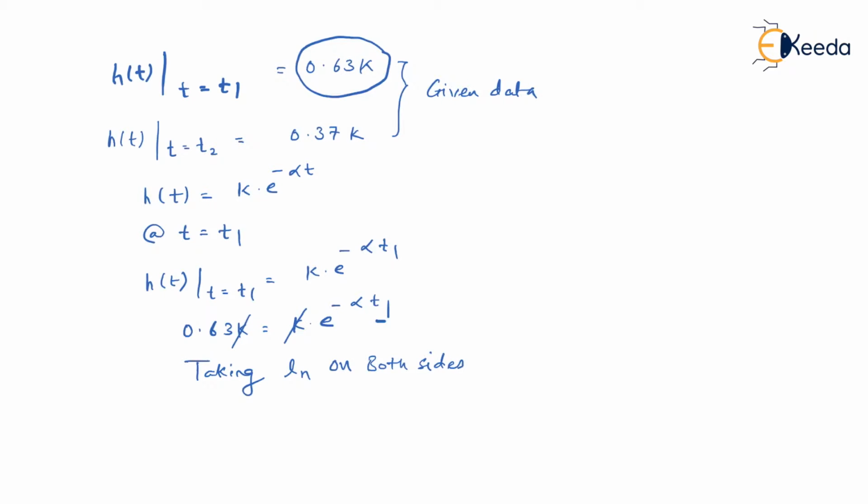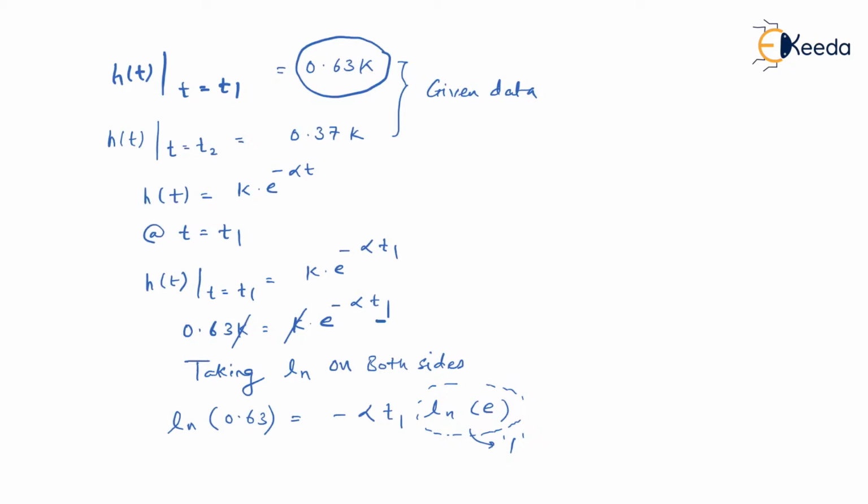So what will happen? It would be ln of 0.63 equal to minus alpha t1 ln of e. Am I right? How do we get this? You know that log of a to the power b is equal to b log a. So by using this approach, we have done this. And of course, ln of e, the natural log of e, is always 1.